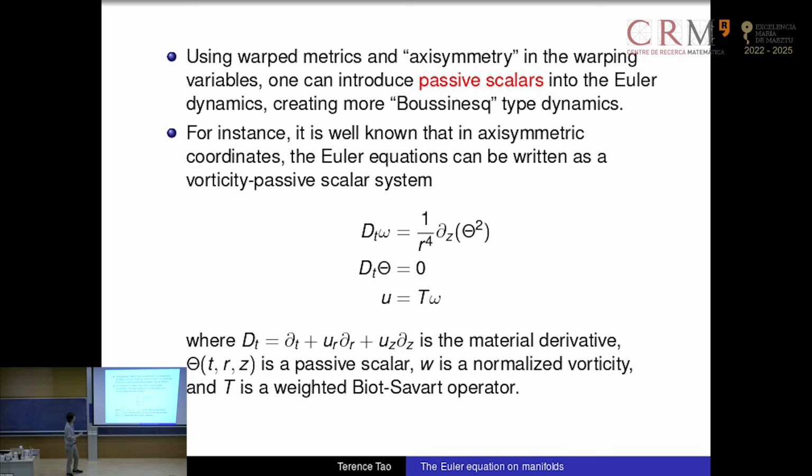So there'll be this other scalar, which corresponds to angular velocity normalized. And the velocity gets transported by an expression depending on the passive scalar.